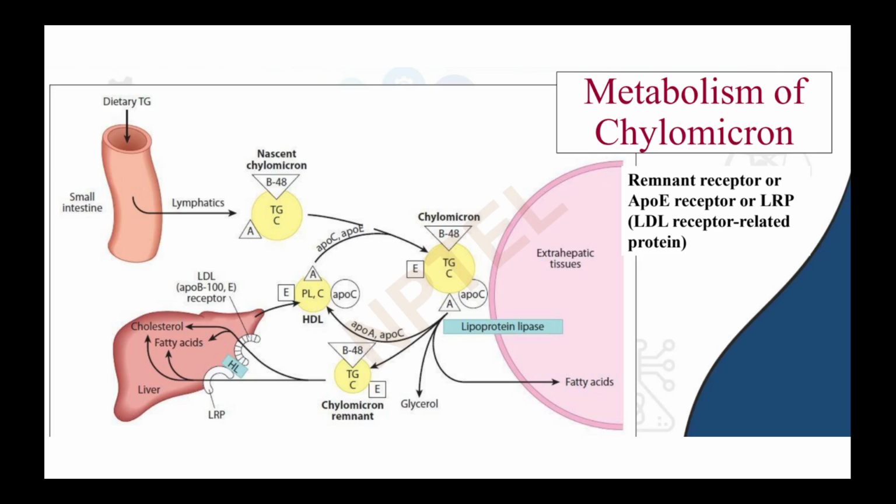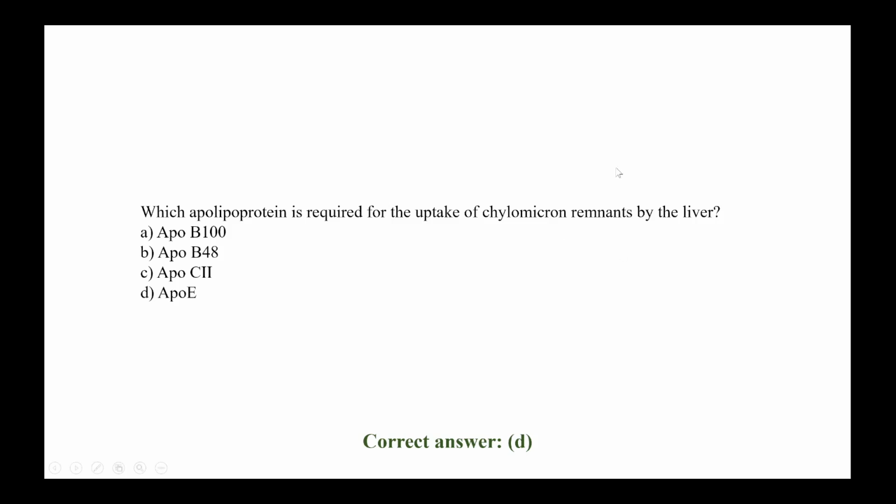Once the chylomicron is small enough that the cholesterol level is higher than the triacylglycerol, that chylomicron is called chylomicron remnant. This chylomicron remnant is actually taken up by the liver. So my question was, which apoprotein is required for the uptake of chylomicron remnants by the liver?